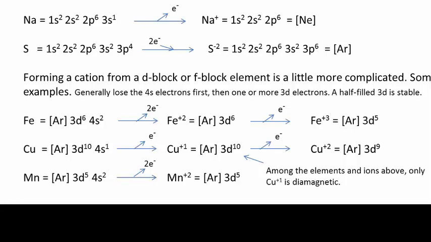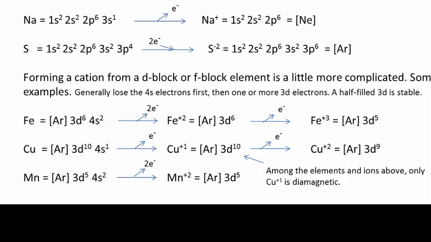Now, parenthetically, I could have written this 4s2 3d6. I don't mind so much whether you call it 3d6 4s2 or 4s2 3d6. Some people do, I don't. So you can essentially write that either way.